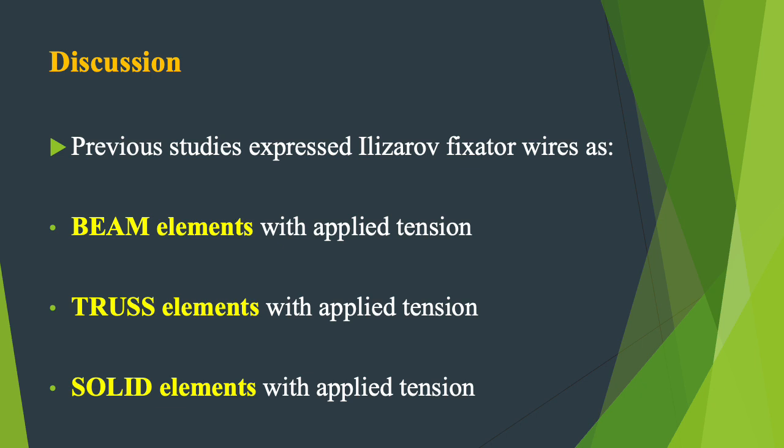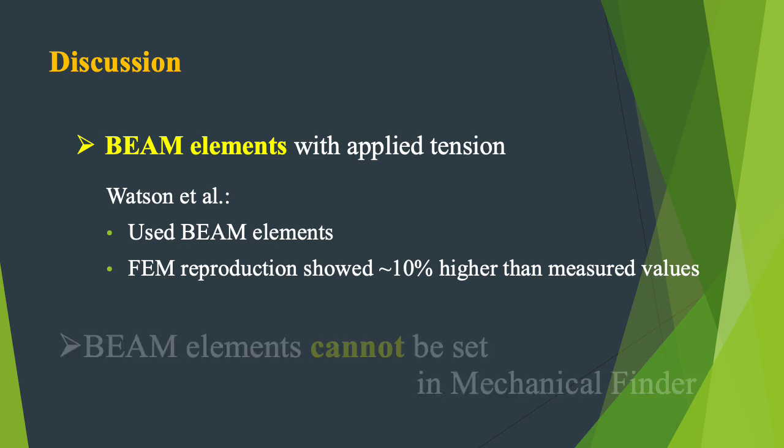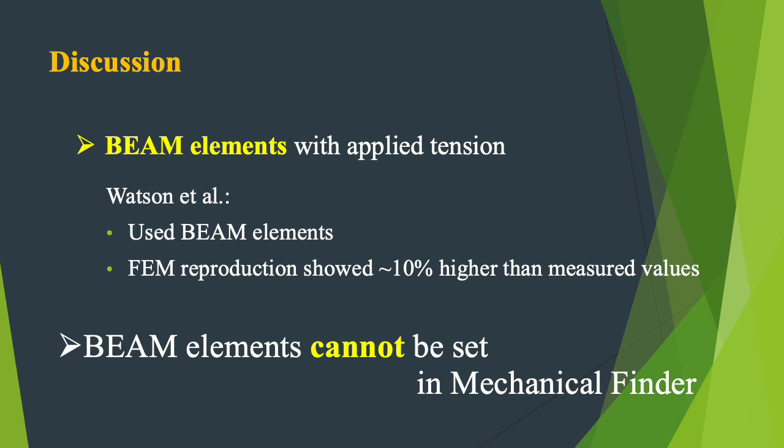Discussion. Previous studies have modeled Ilizarov fixator wires in different ways: beam elements, truss elements, solid elements. Beam element with applied tension, FEM reproduction showed 10% higher than measured values. But beam element can't be set in Mechanical Finder.